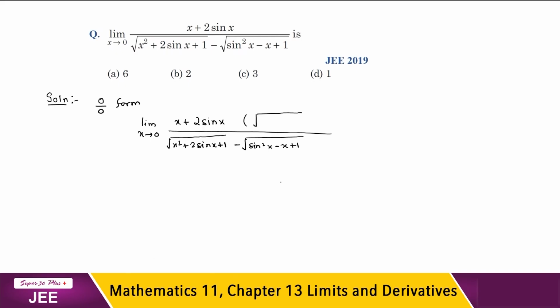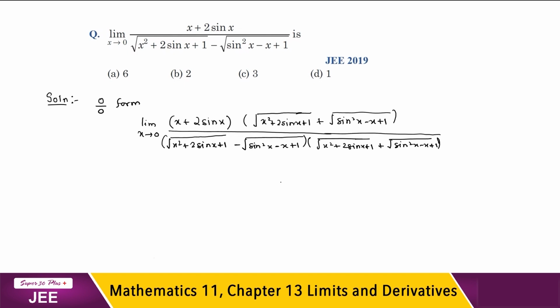We multiply by root over x square plus 2 sin x plus 1 plus square root of sin square x minus x plus 1, divided by the same quantity, that is root over x square plus 2 sin x plus 1 and root over sin square x minus x plus 1.